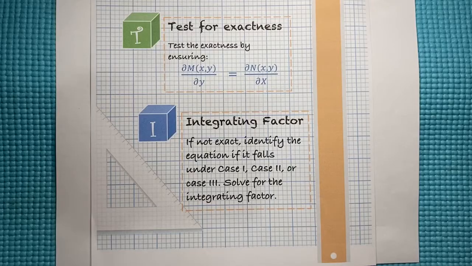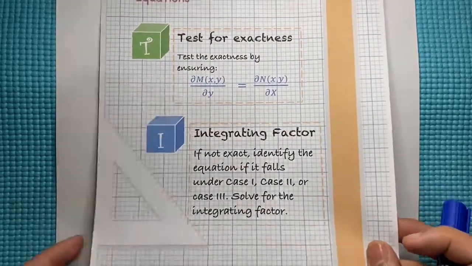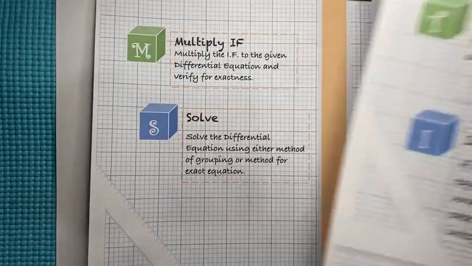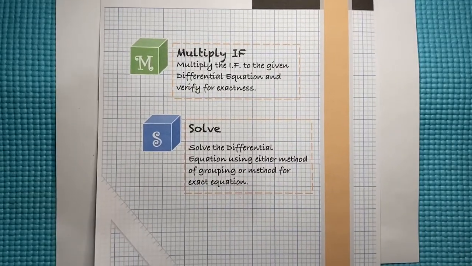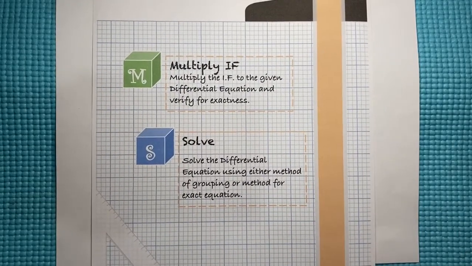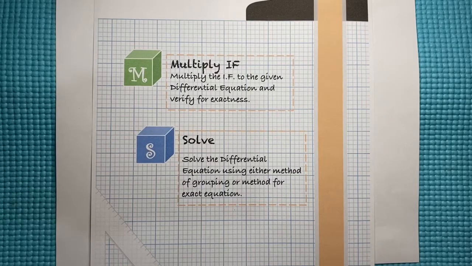And for case 3, as long as the M function is multiplied with y and the N function is multiplied with x, the integrating factor can be taken using 1 over x times M minus y times N. So that is how to find the integrating factor. The next step, once the integrating factor is determined, is to multiply.